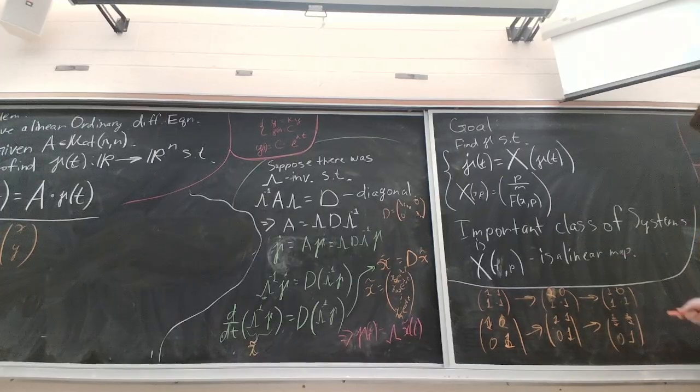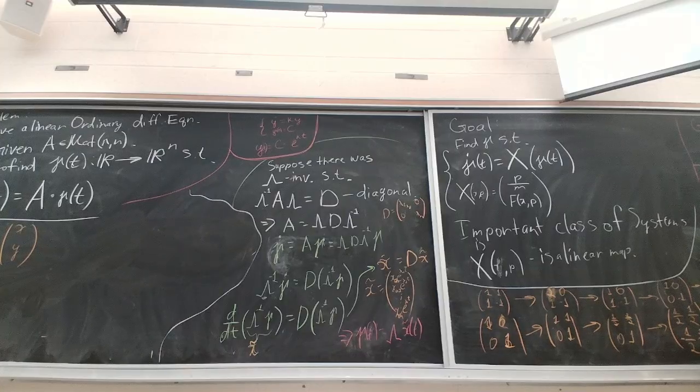Then I want to subtract the first row from the second row to get 1, 0, 0 minus 1. So this is 1 half, 1 half, minus a half, 1 half. And then I want to multiply the second row by minus 1.